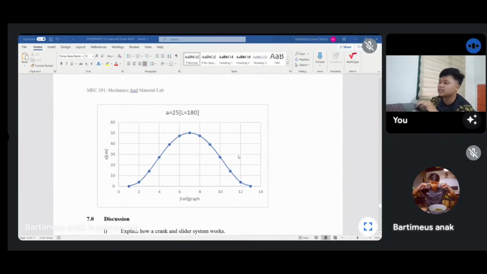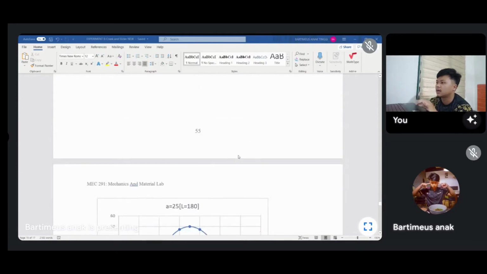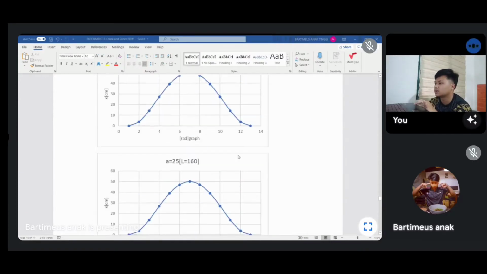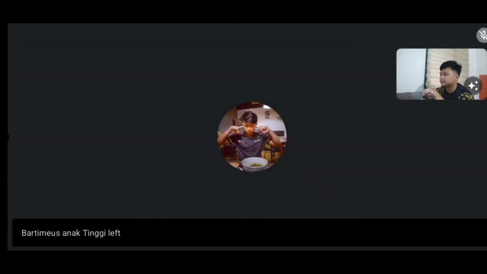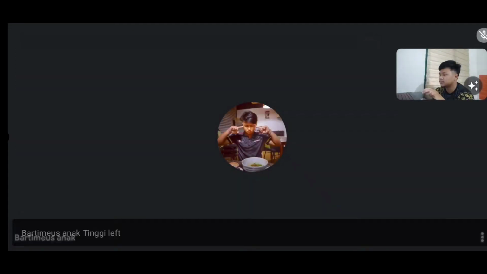Before that I will show you how I make the graph.